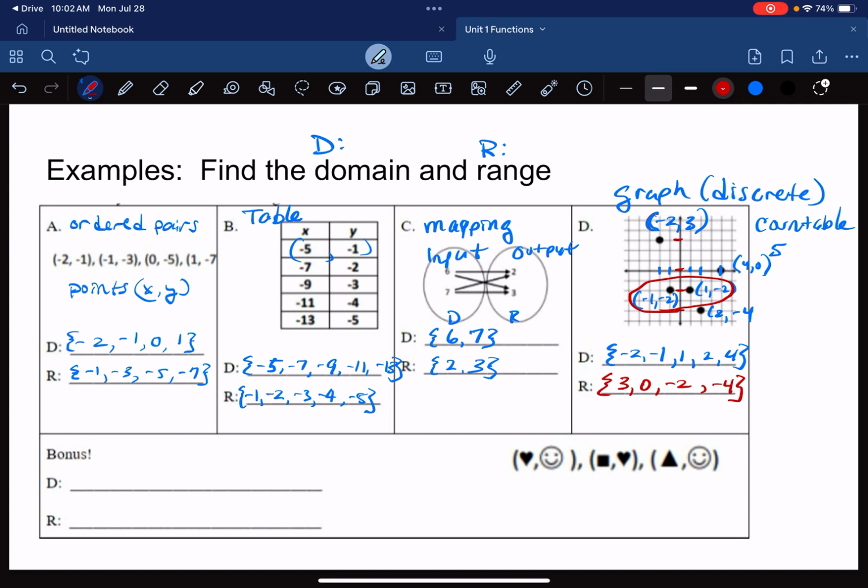So, all right, here's the bonus. The domain is just all the first shapes. So we could say the heart, and then the square, and then the triangle. And then the range values are the smiley face. Oops, that's not very smiley.